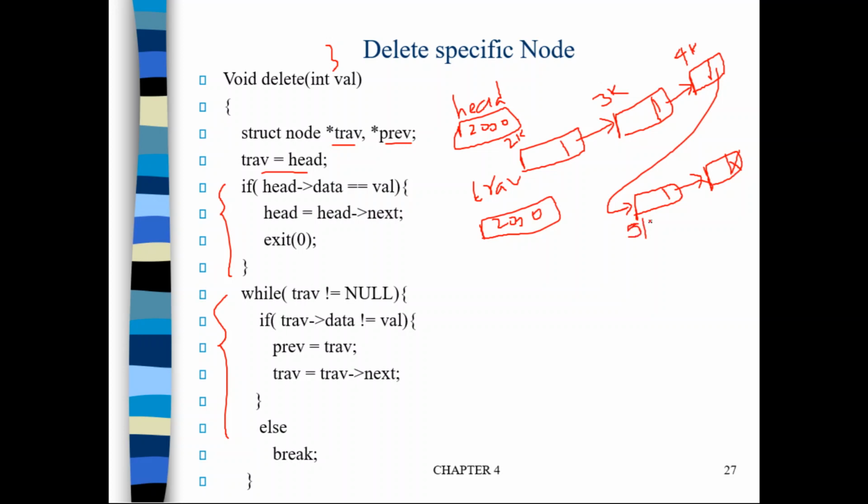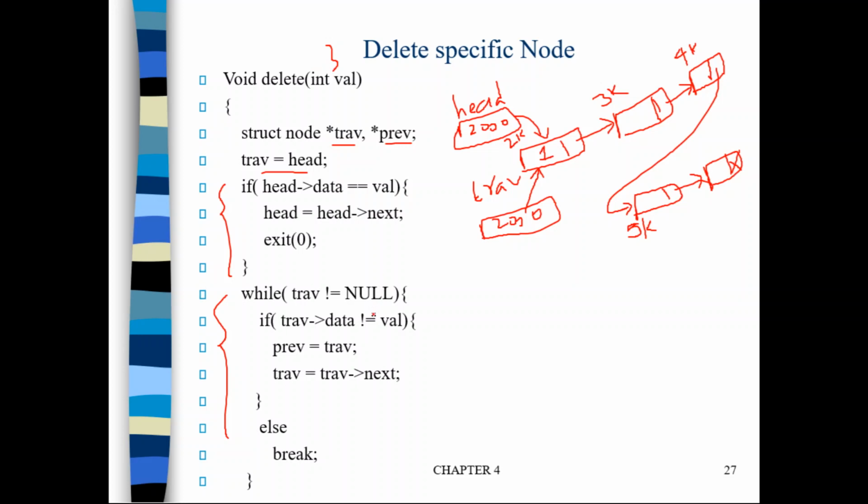Fine. So here, while traverse not equal to null. Traverse is pointing to the first node, it's not null. Head is also pointing to the first node. While traverse not equal to null, if traverse arrow data not equal to val. What is its data? 1. Traverse data is 1. Is it equal to val? No, it's not equal to val.